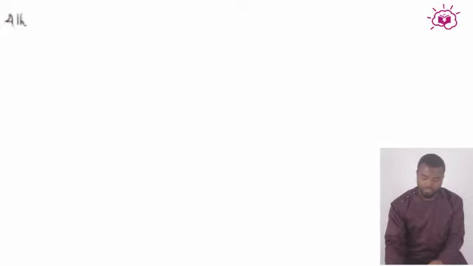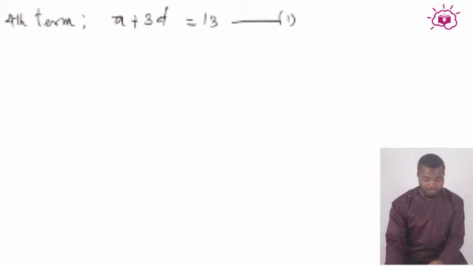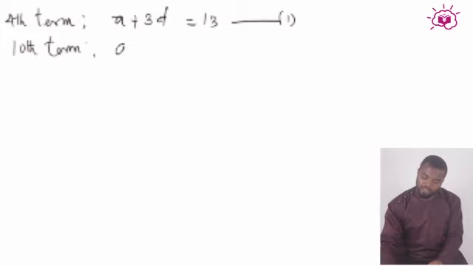The formula for the fourth term of an AP is a plus 3d. We're told that the fourth term is 13. That's our first equation. And we're told that the 10th term, the formula for the 10th term is a plus 9d. We're told that it is 31.